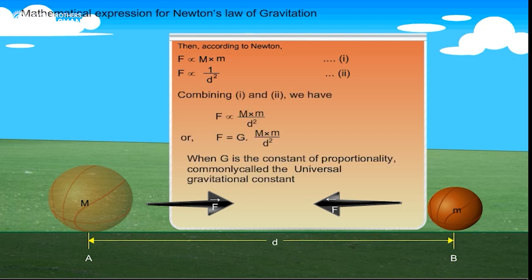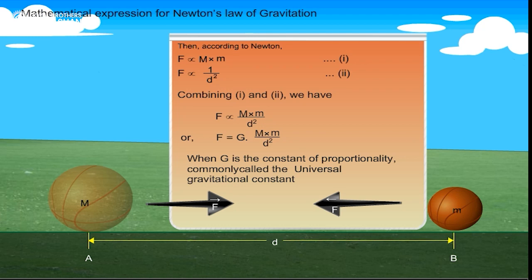Combining statement 1 and statement 2, we have F is proportional to m into m divided by d square, or F is equal to G into m m divided by d square, where G is the constant of proportionality, commonly called the universal gravitational constant.